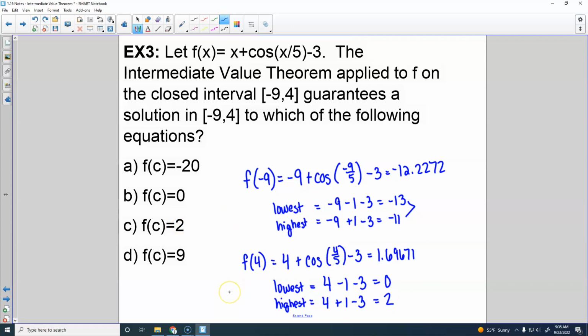So it's really close to cosine of 1. Couldn't you estimate that it's between 0 and some decimal? Cosine of 1 is not 0. Cosine of 0 is 1.